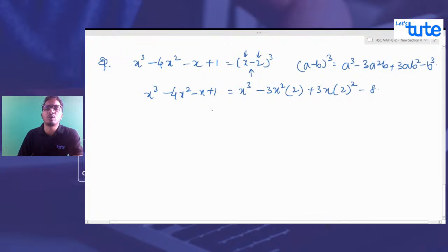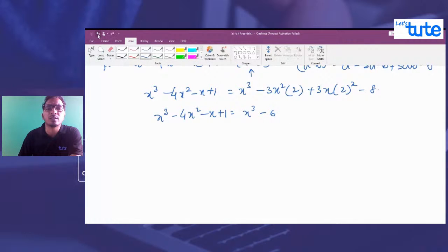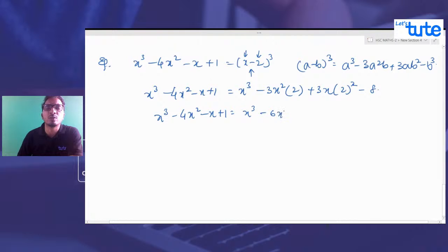Okay, so what we are left with is x cubed minus 4x squared minus x plus 1 on the left, and on the right x cubed. Let us multiply 3 and 2. We are going to get 6, so it is 6x squared. And this one, 2 squared multiplied by 3, it is 4 3s are 12, 12x, negative 8. Correct? Okay.